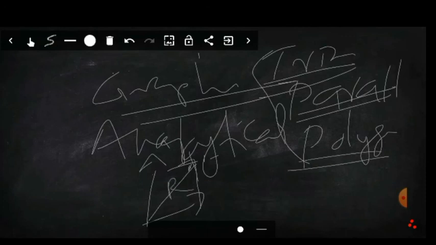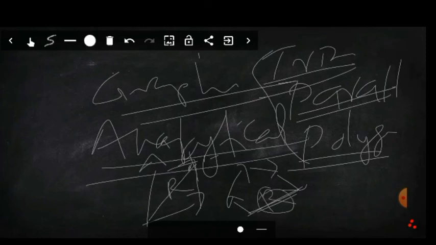Polygon law means if more than two vectors are there, arrange the vectors in the form of a polygon by joining head and tail, then the remaining side that closes the polygon gives the resultant vector. Okay.